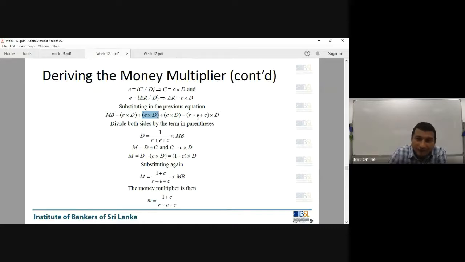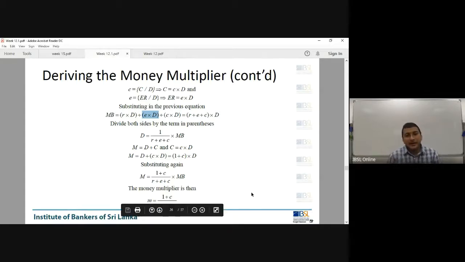So we take the common variable out, that is deposits. What you are left with is monetary base equals small r, small e, and small c times deposits. This is nothing but required reserve ratio plus excess reserve ratio plus currency ratio times deposits is the monetary base.